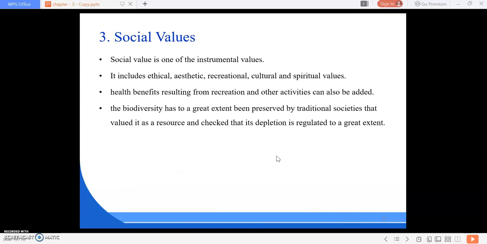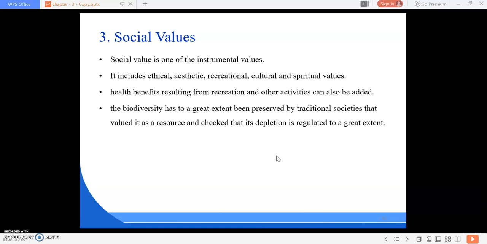Next, we are going to study the social value of biodiversity. Social value is one of the instrumental values, where something is a means to another's end. Materialistic uses of biodiversity are the core of instrumental values. Biodiversity has distinct social value attached with different societies.